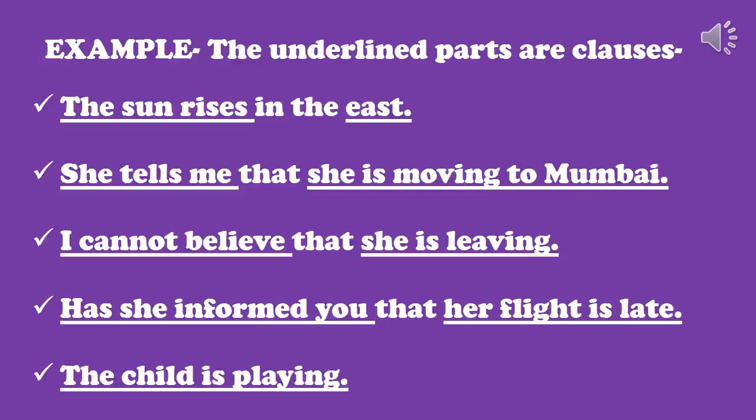Now we take up some simple examples to help you understand with great clarity. The underlined parts are the clauses. Alright, so in the first example, the sun rises in the east. In this sentence, can you tell me what the focus is?